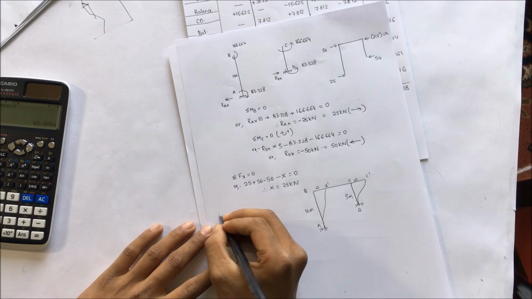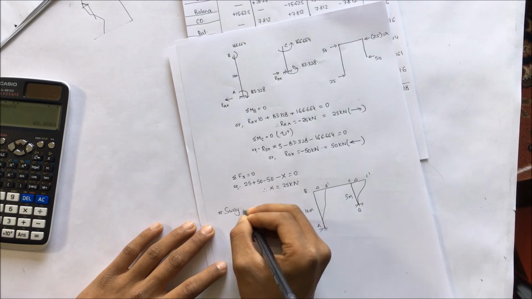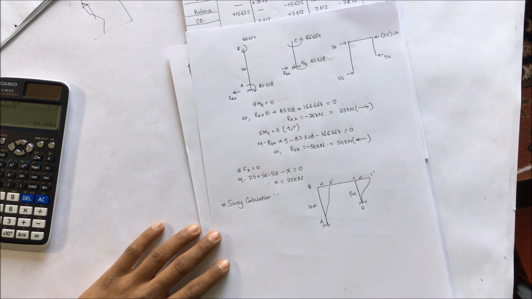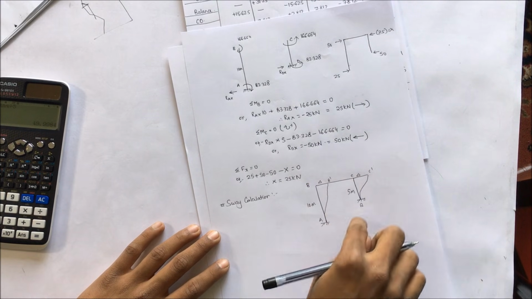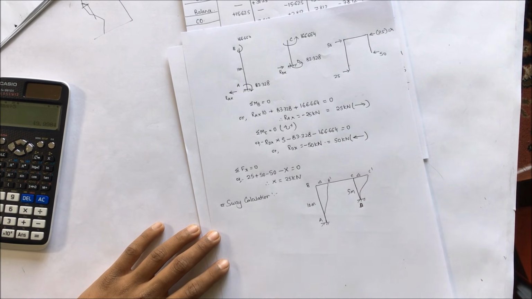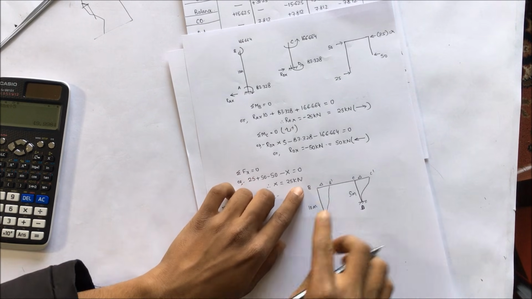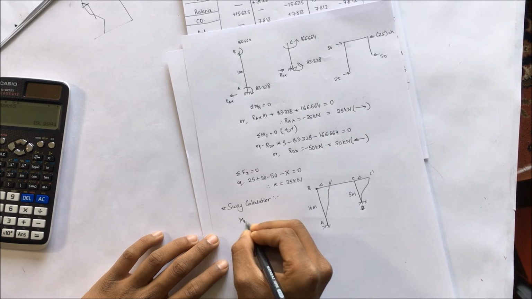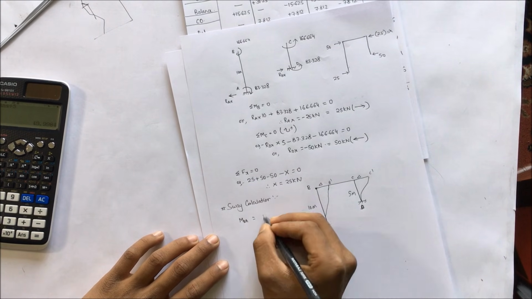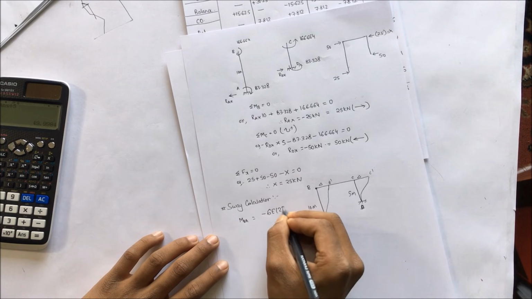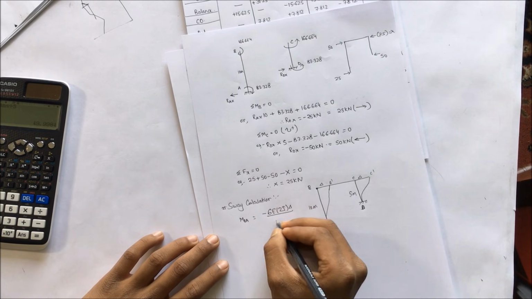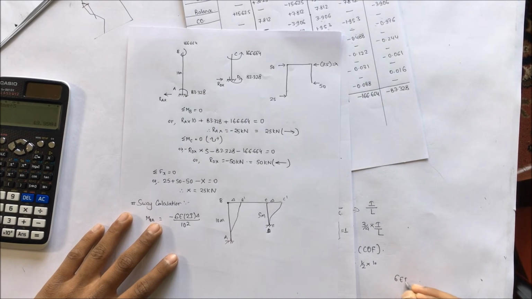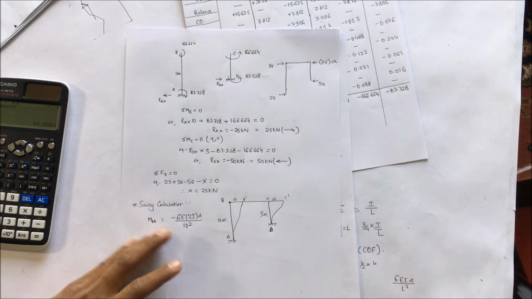Okay, sway calculation, A, B, C, D. Now MBA is equal to minus 6E 2I delta over 10 square. The formula is 6EI delta over L square.